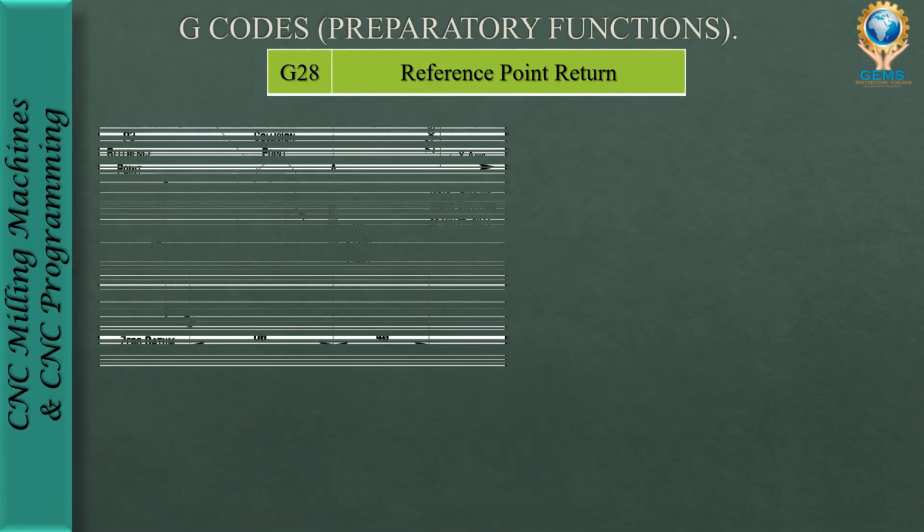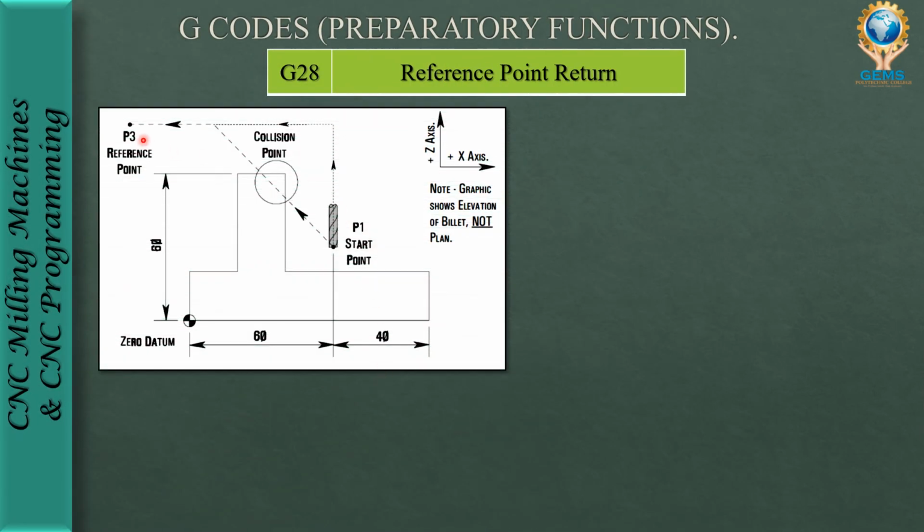I'll tell you with an example. See, my reference point is here and my tool is here. If you simply mention G28, the tool will come straight to this position, directly to the reference point, so the tool may break.